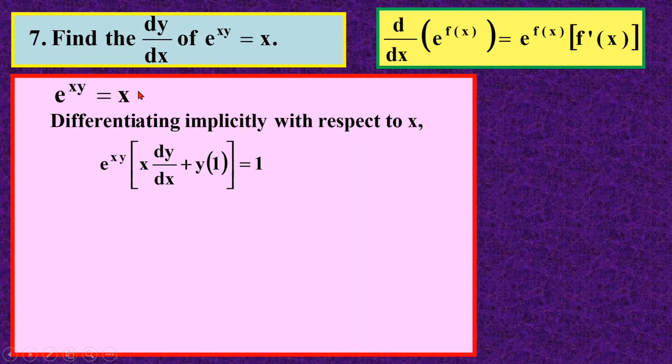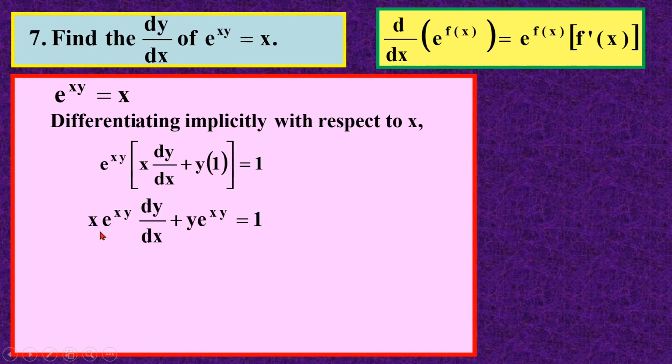Equals to differentiating x, I will get 1. I'm done differentiating. Now I need to arrange. So I will first multiply e to the power of xy into the equation.